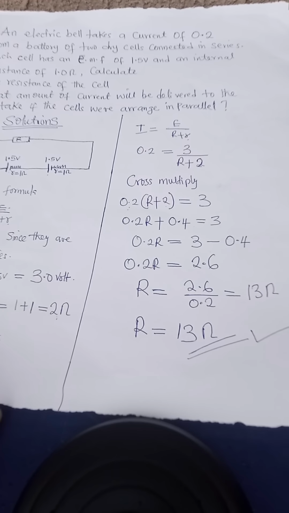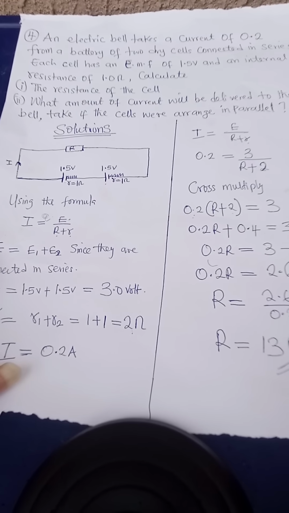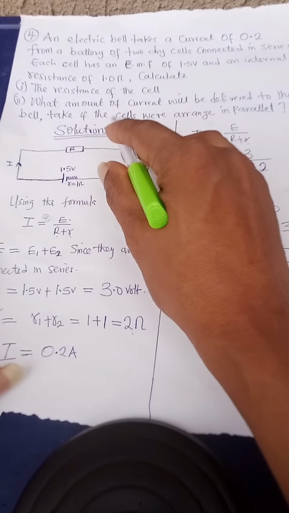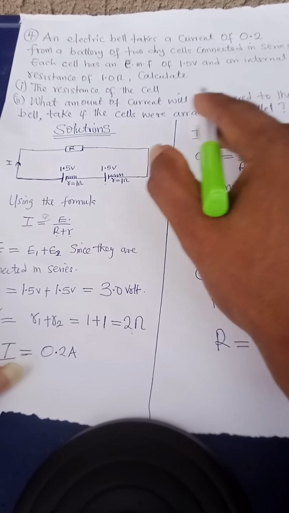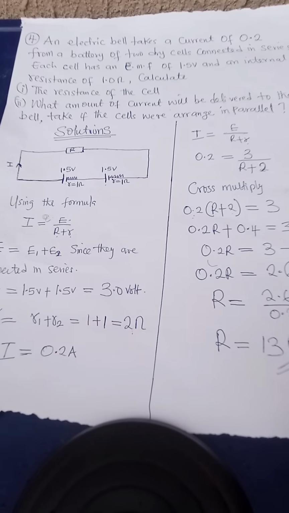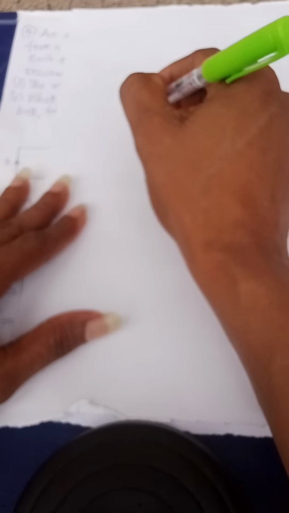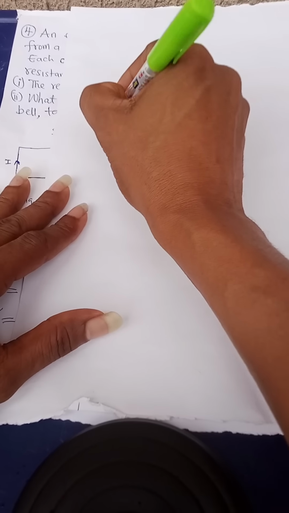Copy it. All right. Let's solve the second question, which says: what amount of current will be delivered to the bell if the circuits were arranged in parallel? So if the circuits were arranged in parallel, we are going to have another diagram. That is, I'm taking it to be II.